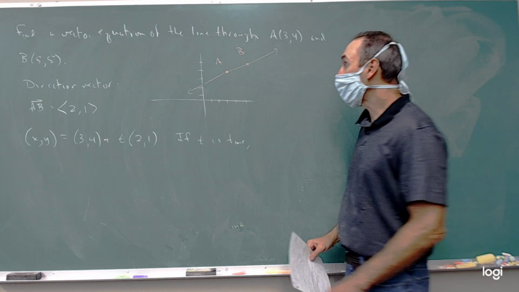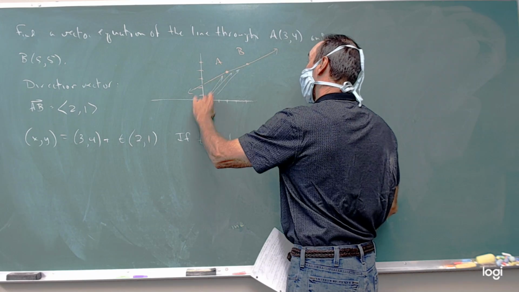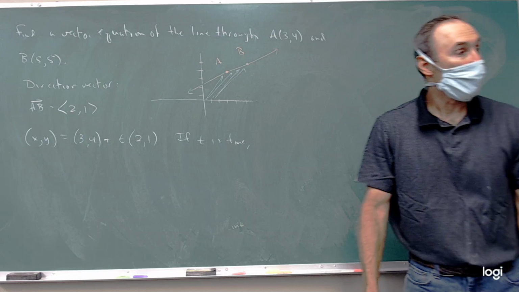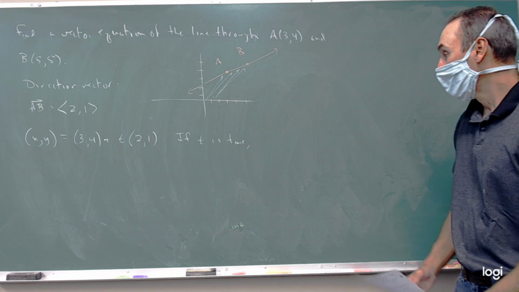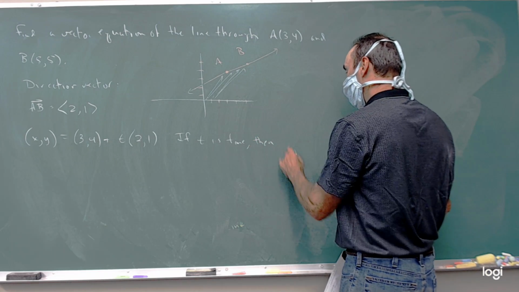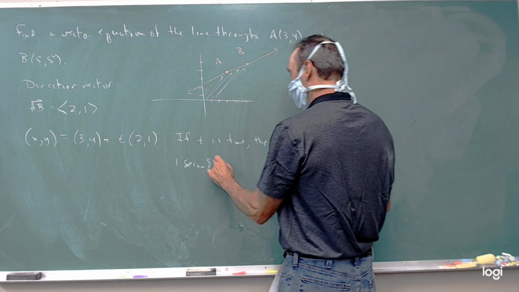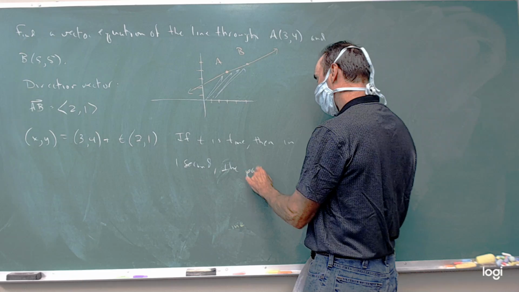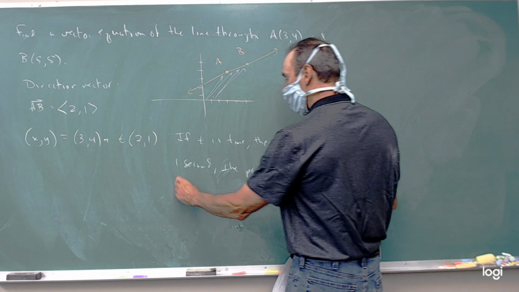So this particle is moving along that line. Or we can also think of these vectors as pointing there in time as well. That's a weird way of thinking of it in my mind, but that would still be a valid concept. But if t is time, then in 1 second, the particle moves that direction vector.